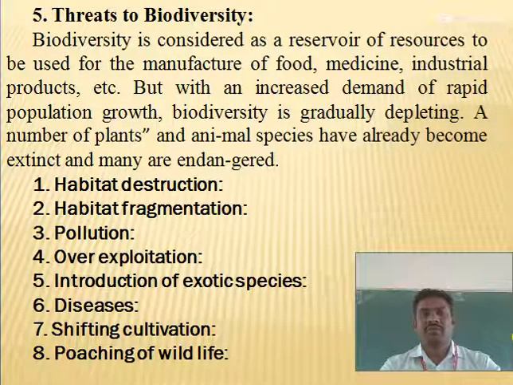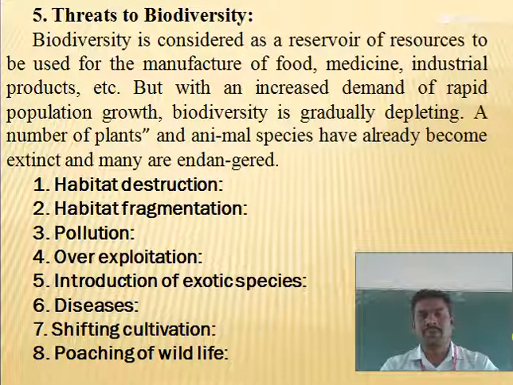Next, fifth one is threat to biodiversity. Biodiversity is considered as a reservoir of resources to be used for the manufacture of food, medicine, industrial products, etc. But with the increased demand of rapid population growth, biodiversity is gradually depleting.